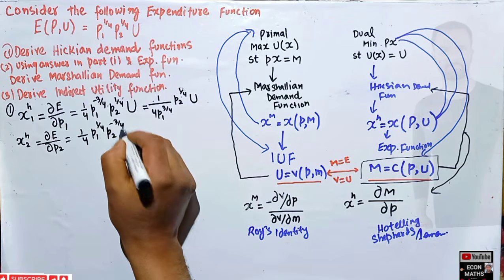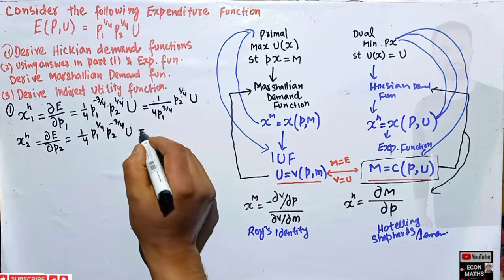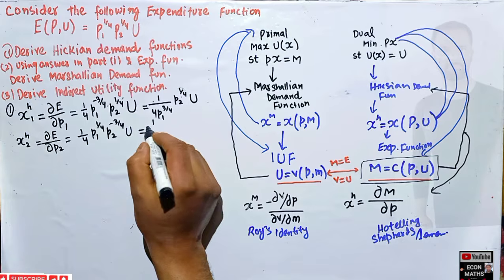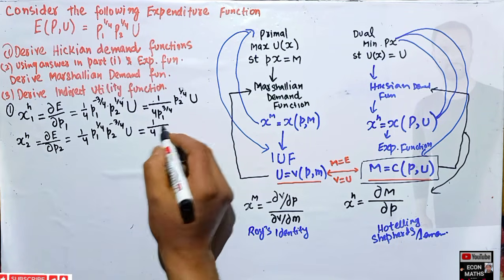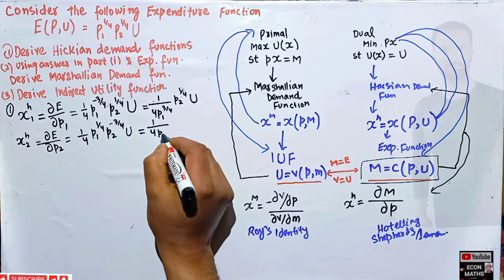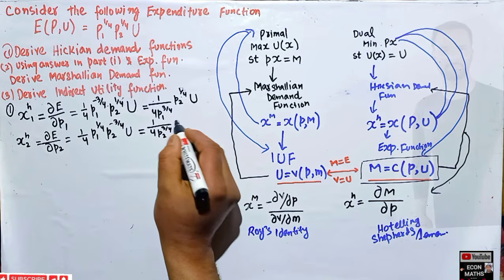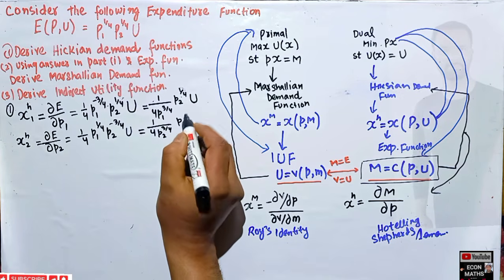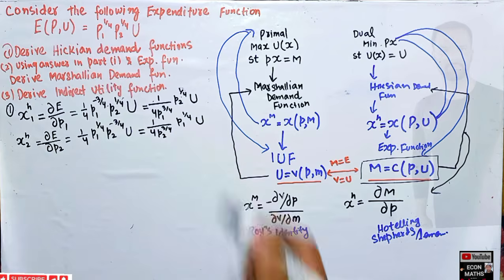I hope I am making myself clear here. And we have this u, which when we simplify becomes 1 divided by 4, transposing this term to the denominator, the exponent sign changes, p2 raised to the power 3/4, then p1 raised to the power 1/4 and u. These are our Hicksian demand functions.